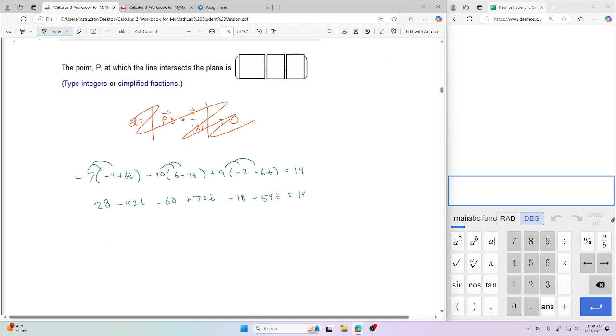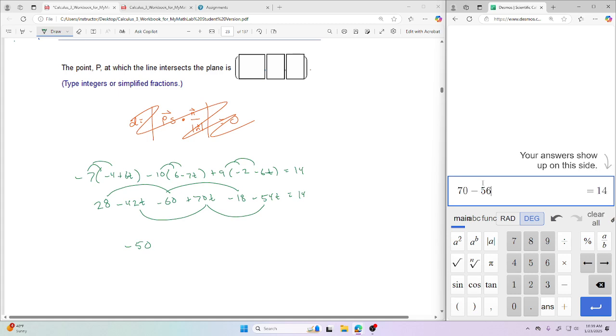Okay. Now I gotta actually do arithmetic. We laugh, but it's true. From there, I would get a 10, and then that would be a negative 50 out of all those. Then these guys, calculator. I give up.